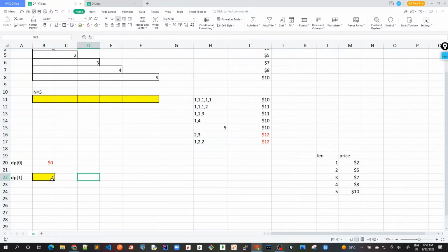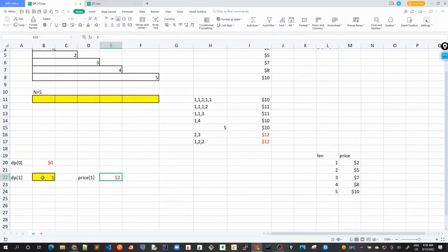I mean, we can't cut it into any pieces because the minimum unit is given as 1. So the price would be the maximum price obtained by selling this whole rod as 1 unit only, and it would be $2. Or in other words, we can write it as price of 1, which is $2.